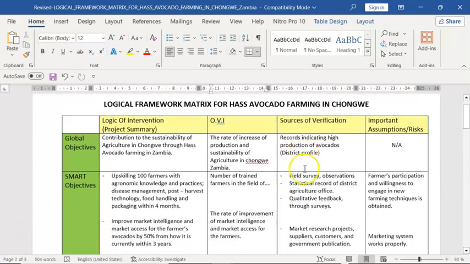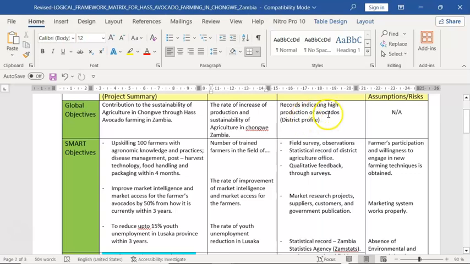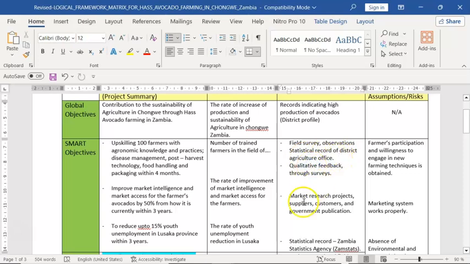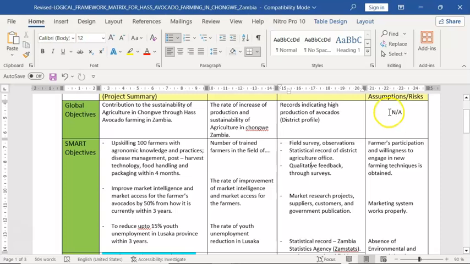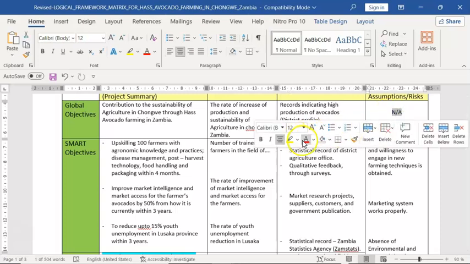For the source of verification, these are mostly records or reports, district file surveys, field statistic records, qualitative feedback, market research. All these are sources of verification. It all depends on your project, actually, each one's project.